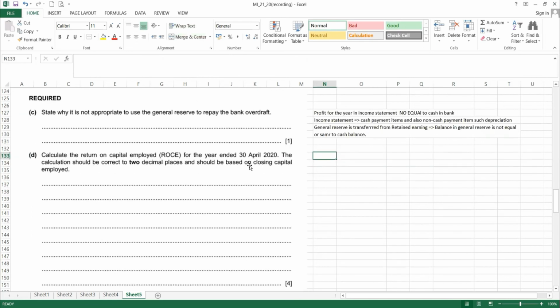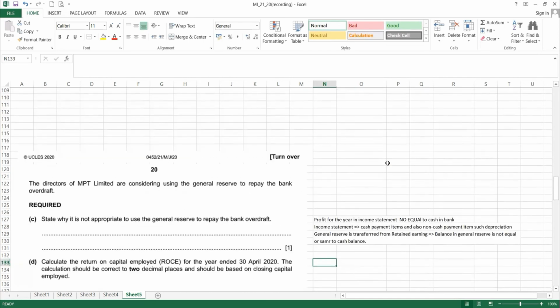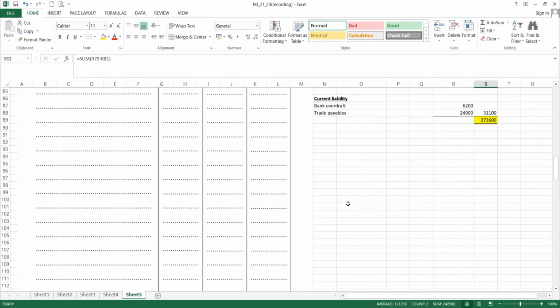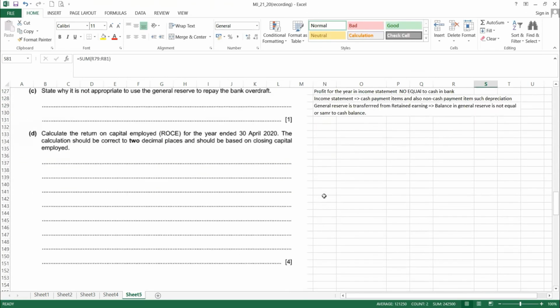Okay, let's continue. D, calculate the return on capital employed for the year ended April 30th, 2020. The calculation should be correct to 2 decimal places and based on the closing capital employed. Closing capital employed means they want us to take these two amounts for the calculation. Okay, let's see the formula first.